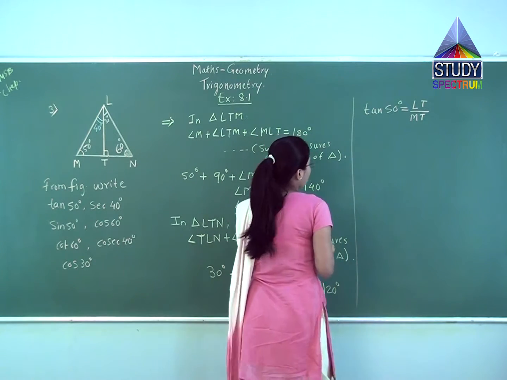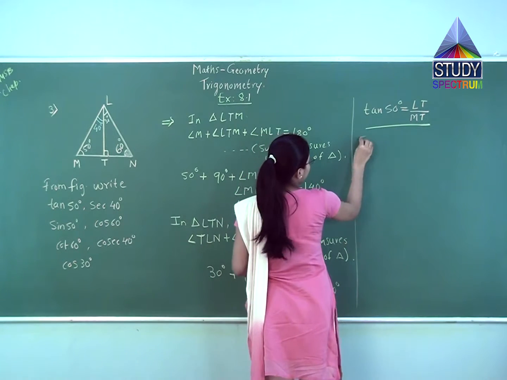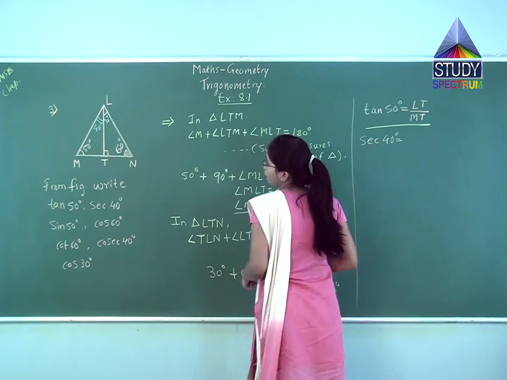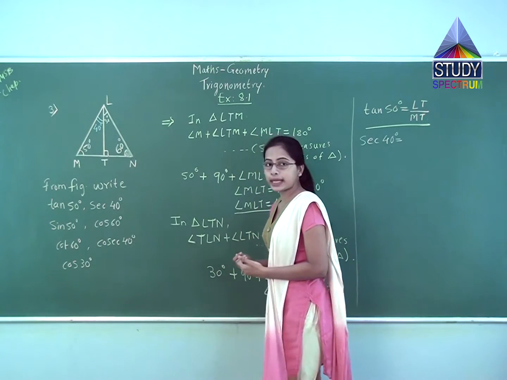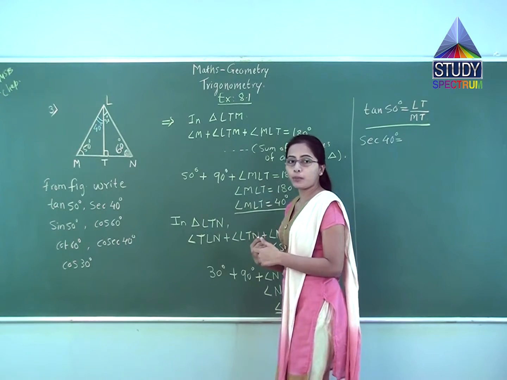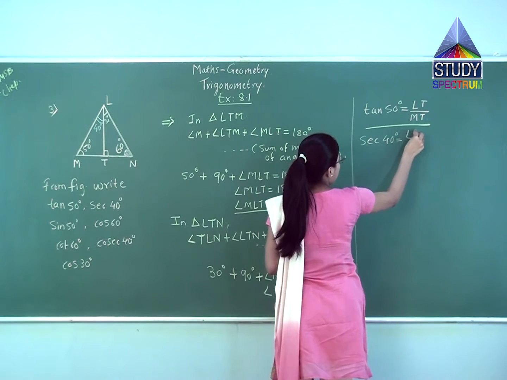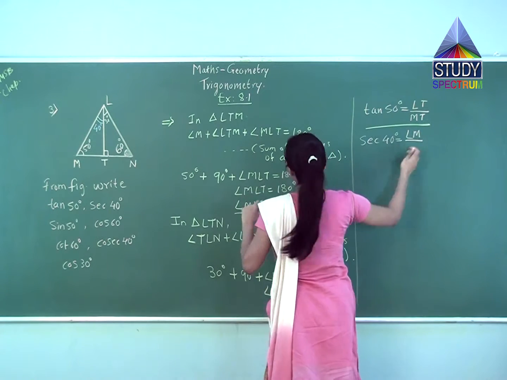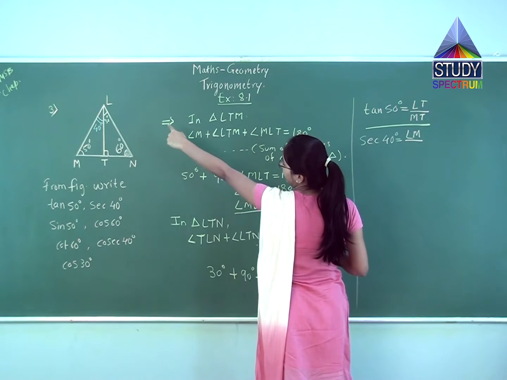Then second ratio, underline this. Second ratio we have to find is sec 40 degrees. Where is my 40 degree angle? Yes, it is here. So what is the formula of sec? Sec is the hypotenuse upon adjacent side. So hypotenuse is LM, and the adjacent side you can see is LT.